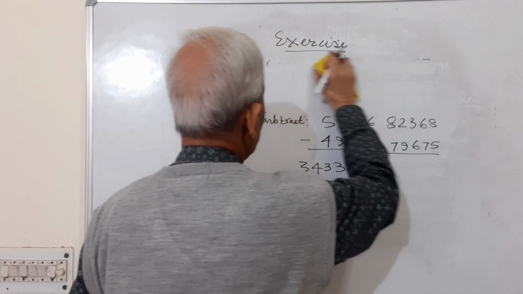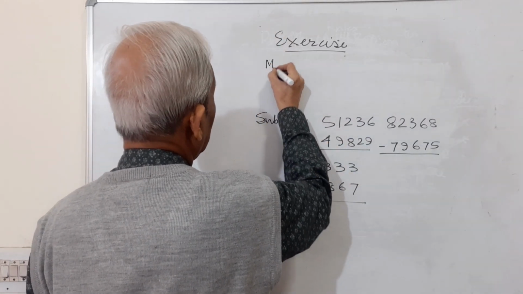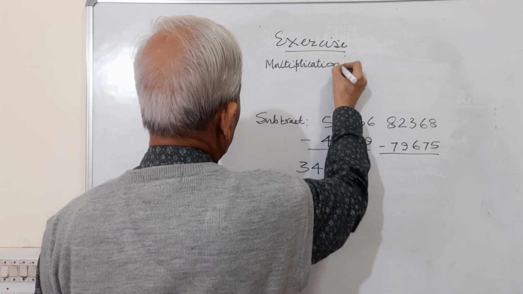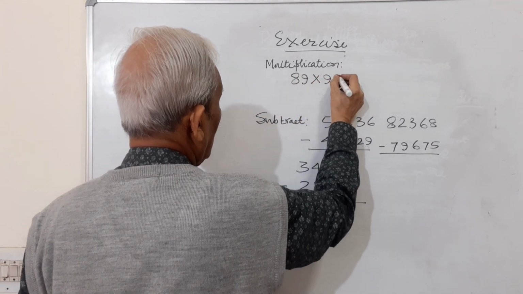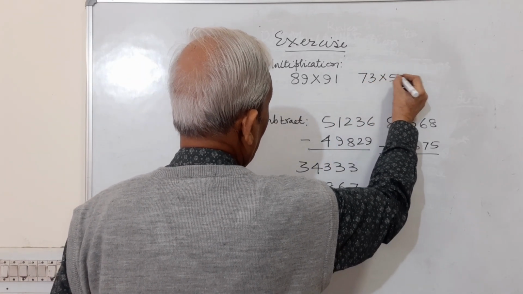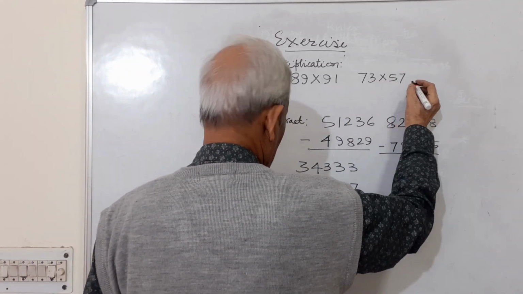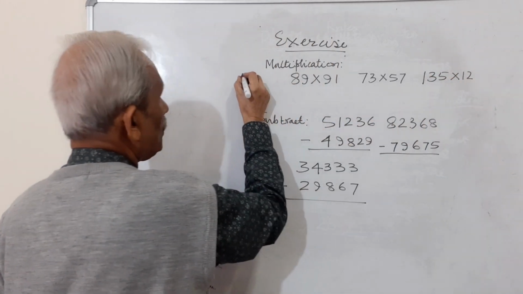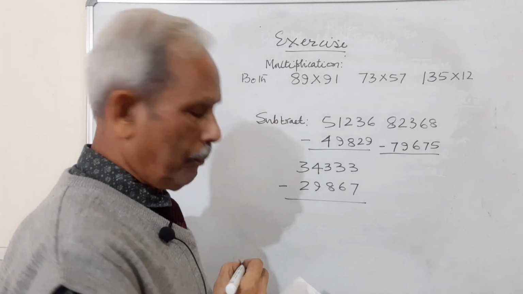I'll give the examples for multiplication. Exercise for multiplication through vinculum: 89 into 91, 73 into 57. Here vinculate both the numbers. 135 into 12. Vinculate both, the multiplicand and the multiplier.